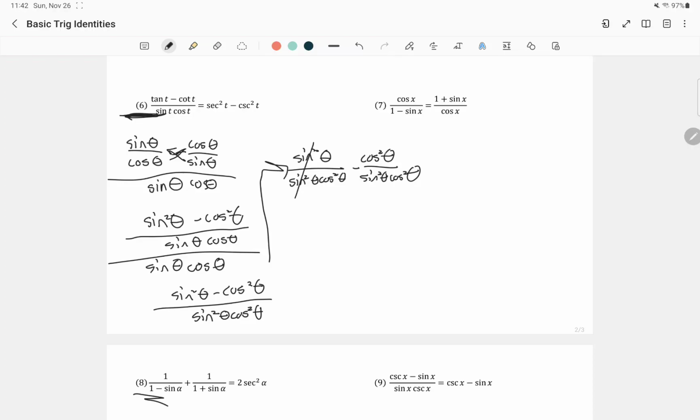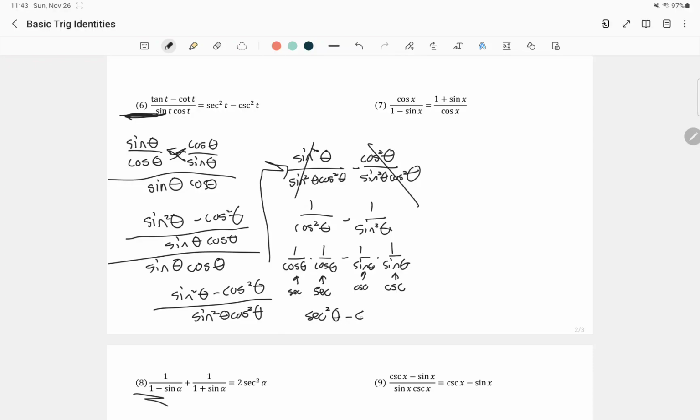And you can notice from here, it's really nice, it cancels out. 1 over cosine squared theta minus 1 over sine squared theta. And remember, this is just 1 over cosine theta times 1 over cosine theta minus 1 over sine theta times 1 over sine theta, which is going to give us secant times secant minus cosecant times cosecant. So this becomes secant squared theta minus cosecant squared theta, and that checks out because that matches this side.